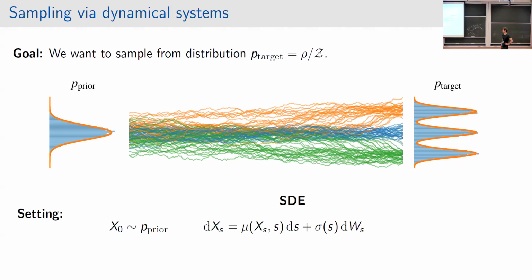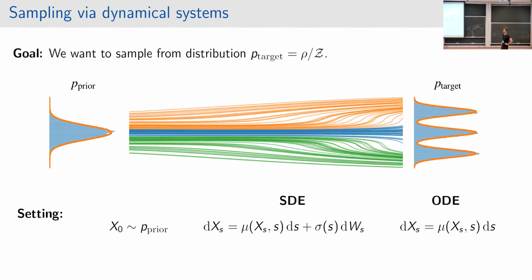And there could be 2 settings here. Either I could have an SDE as the one that I drew here, basically having this drift function mu and diffusion matrix sigma, or I could set sigma to 0 and consider an ODE, so a deterministic evolution.